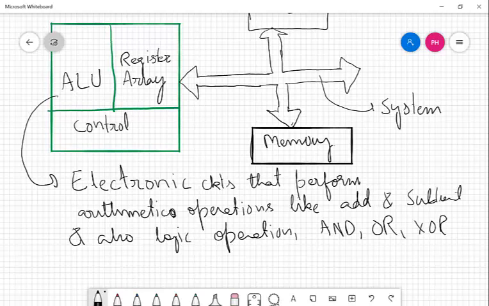Which operation to perform will be determined by what type of instruction is currently being executed.